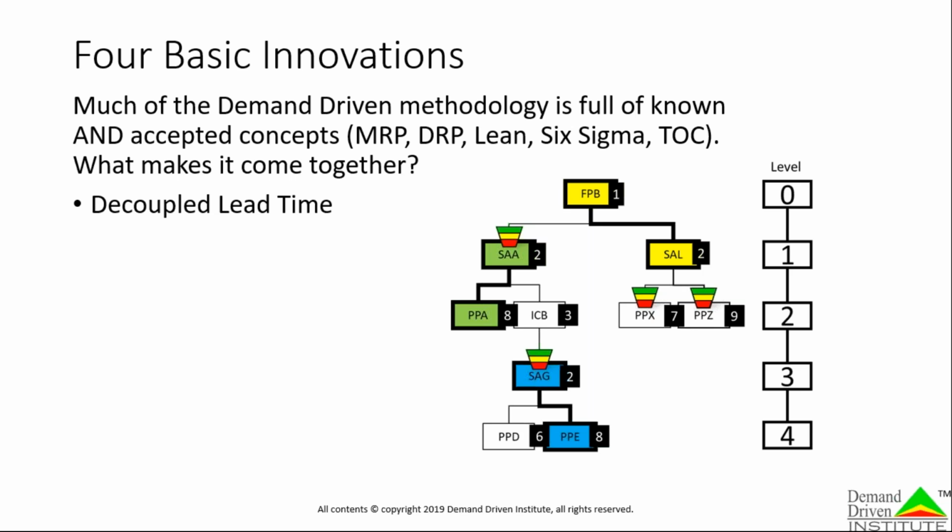So we create a new type of qualified cumulative lead time, one that is the longest unprotected sequence in the bill of material. In this particular case, we see that FPB, finished product B, has a decoupled lead time of 3 days. It's the manufactured lead time of FPB plus the longest unprotected path, which is SAL, or subassembly L.